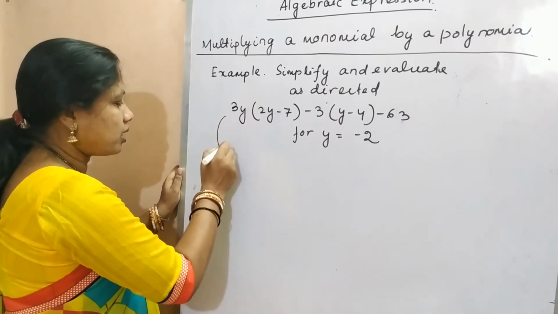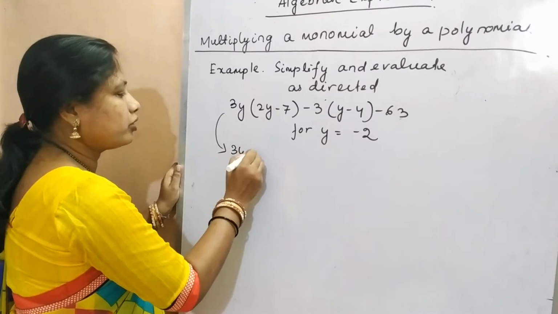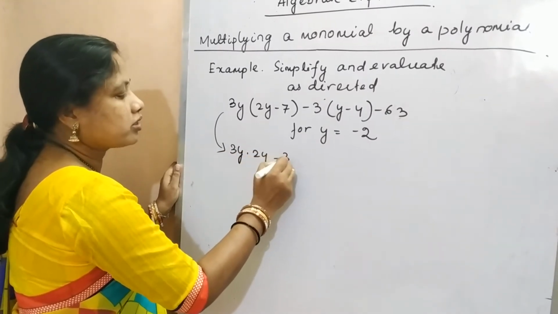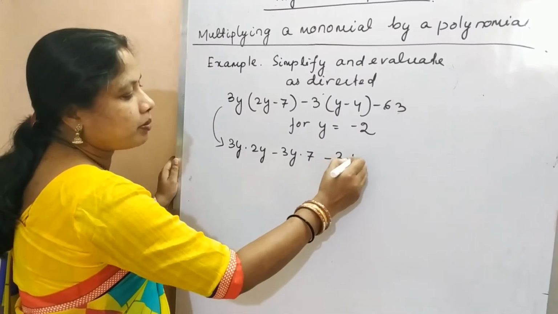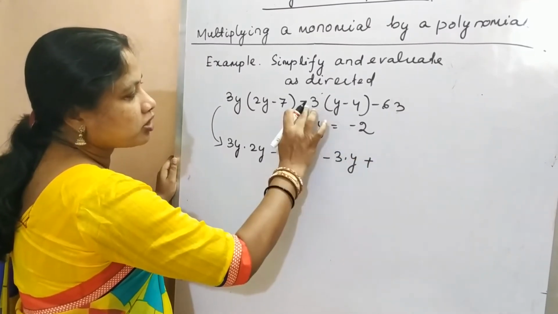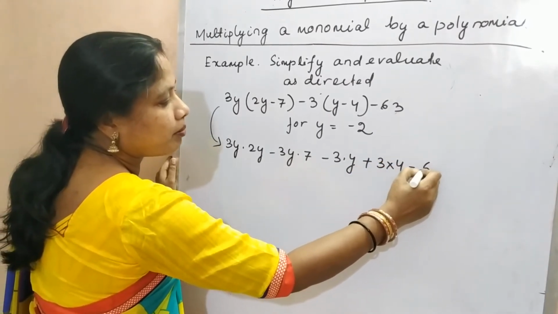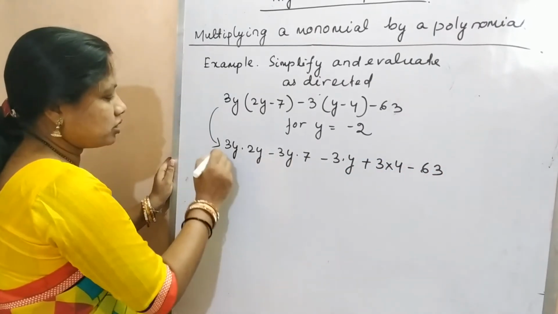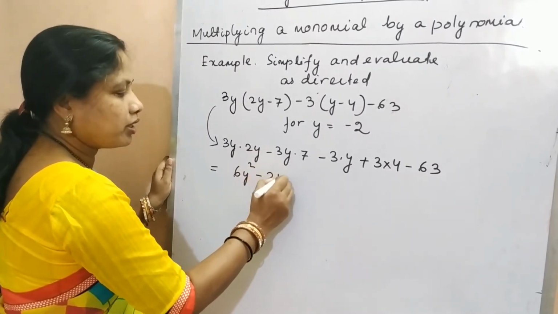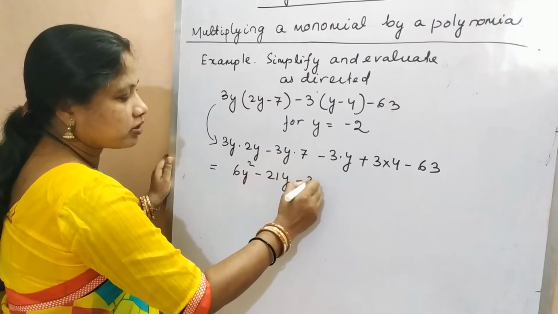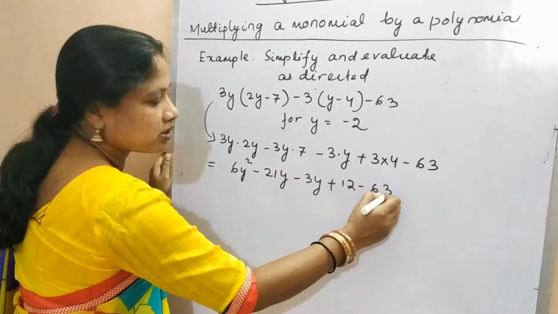So first, what is the simplification? 3y multiplied with 2y minus 3y multiplied with 7 minus 3 multiplied with y minus, minus multiplied with minus plus, 3 multiplied with 4 minus 63. So this is equal to 6y square minus 21y minus 3y plus 12 minus 63.